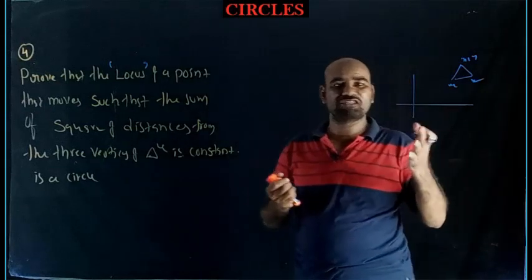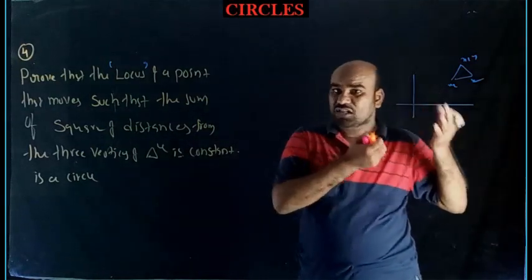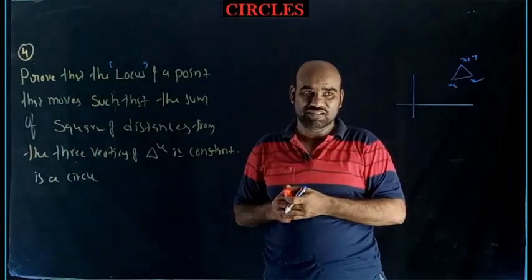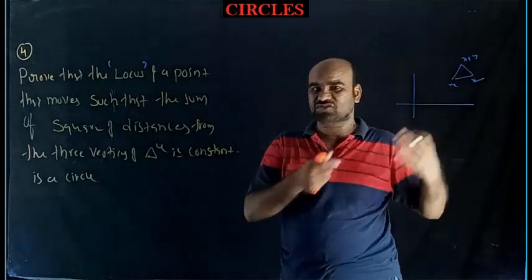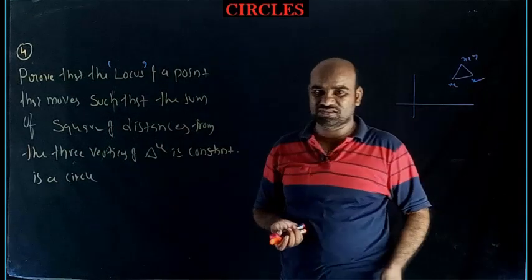Actually, why was coordinate geometry invented? Coordinate geometry was invented to solve the problems of plane geometry easily. So using coordinate geometry, whether triangles, circles or parabolas, you can take them in their standard forms.